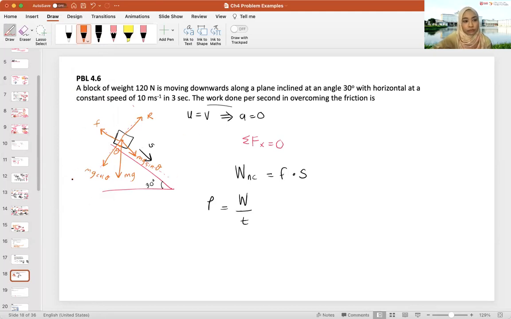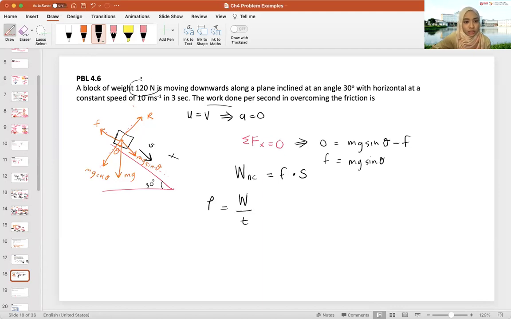First of all, make sure our free body diagram is correct, and then use your condition. So from this condition, we know that whatever is in our x-axis goes into our equation. So 0 equals mg sine theta, we are assuming positive side on the right hand side, so mg sine theta minus friction. Therefore, friction is equal to mg sine theta. I'm just bringing friction over here. So friction is mg sine theta.